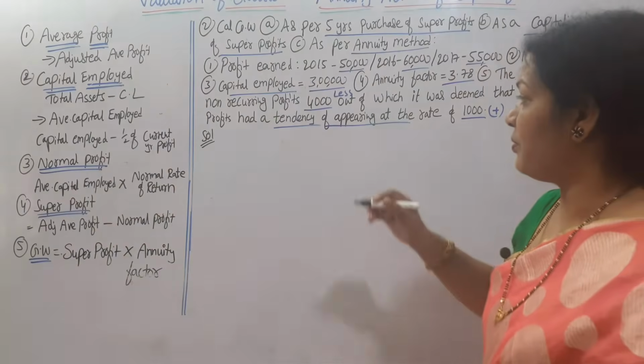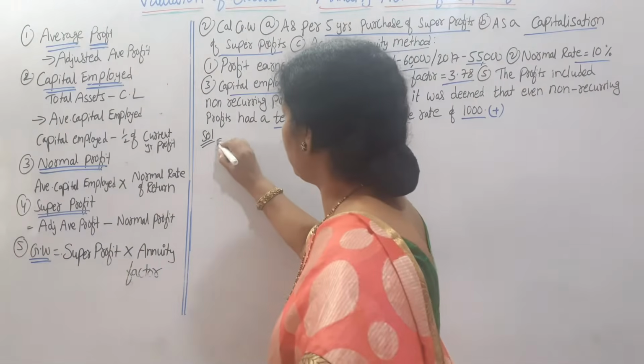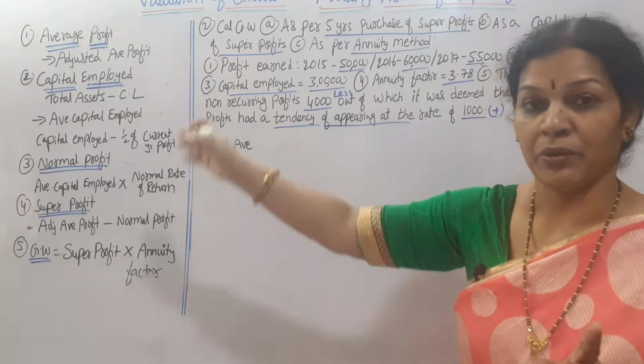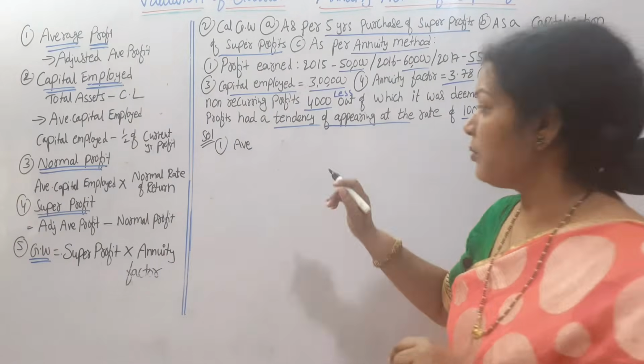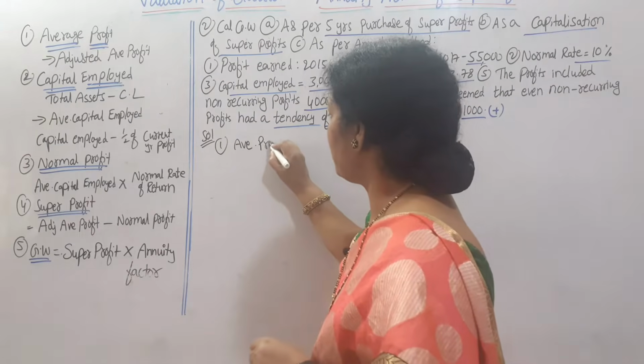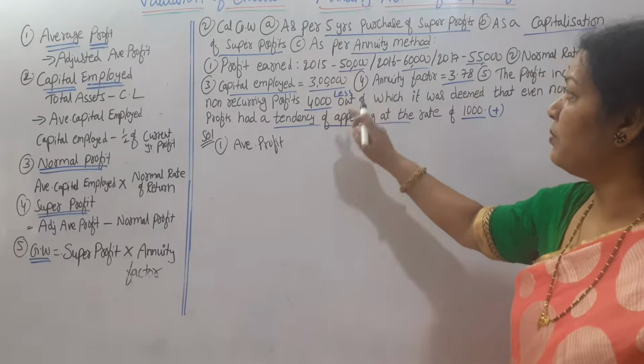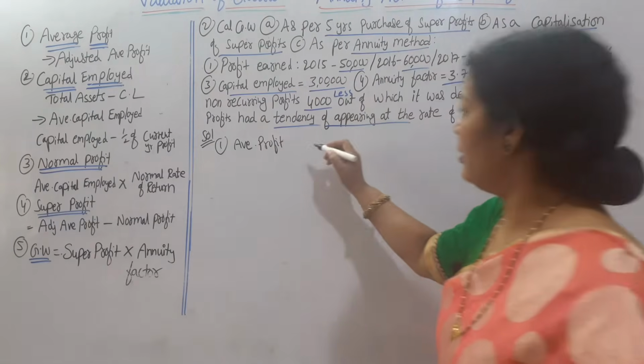First, average profit. Step number 1. You have to write the formula. I am not writing because I have already written it over there. First you have to write the formula. Average profit is equal to profit of 2015 and so on, like this you have to write the formula.